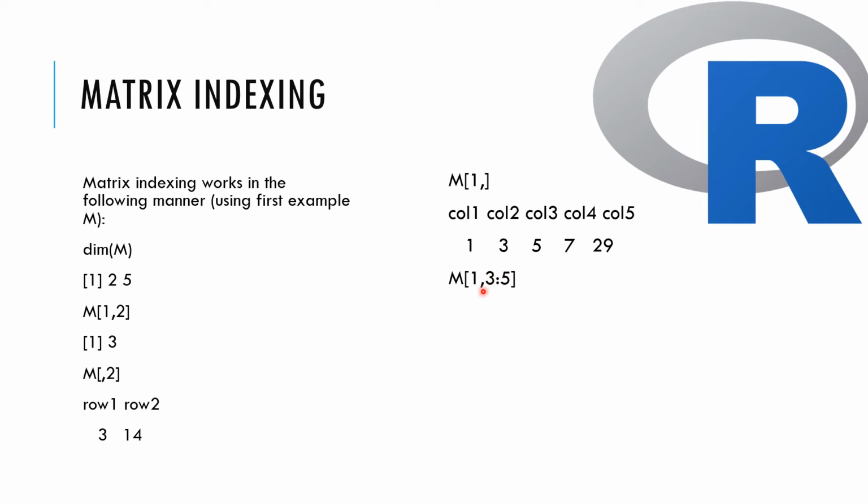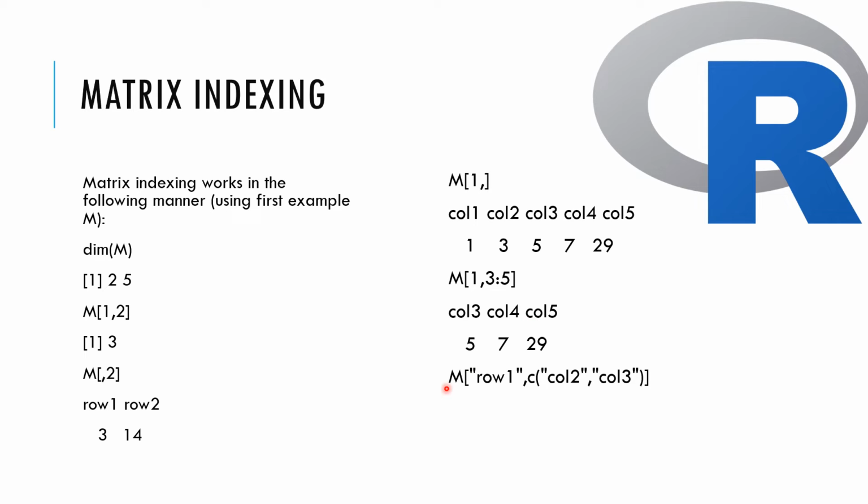Suppose you want to display particular columns in a row, so you mention the row number here, and you can separate the first column and the last column that you want to display by colon, and it will display the result. See, third column, fourth column, fifth column: 5, 7 and 29 here.